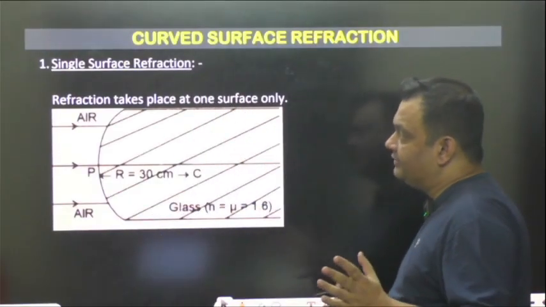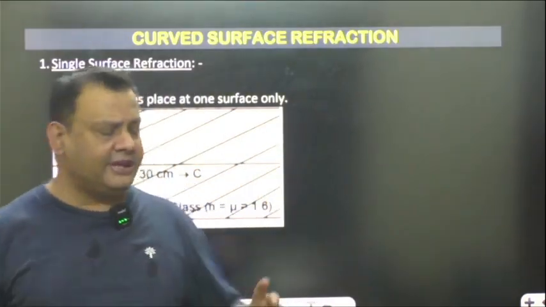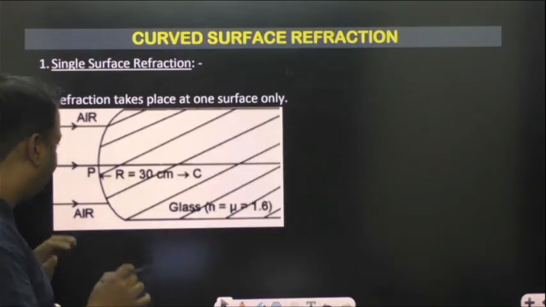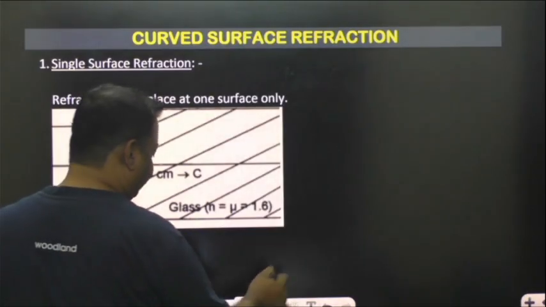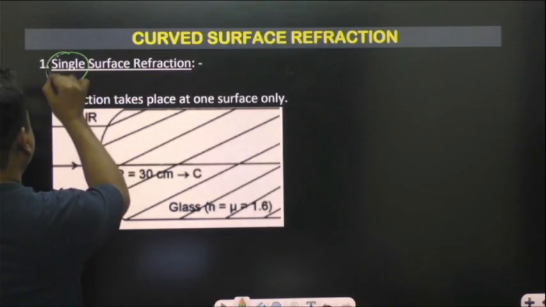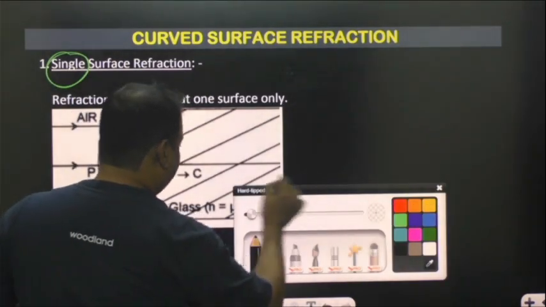When you are dealing with curved surface refraction, the problem can involve refraction at a single surface. It can involve refraction just at one surface, which you can call refraction at a single surface. Like in this figure, here we have glass.